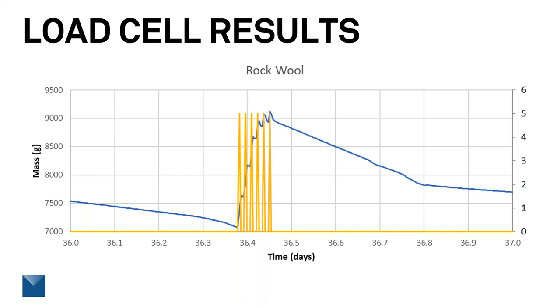The lights went off at 36.8 or 8/10 of the day, and the slope decreased then. Now, if we take the slope of the mass versus time line, we can compute a transpiration rate.